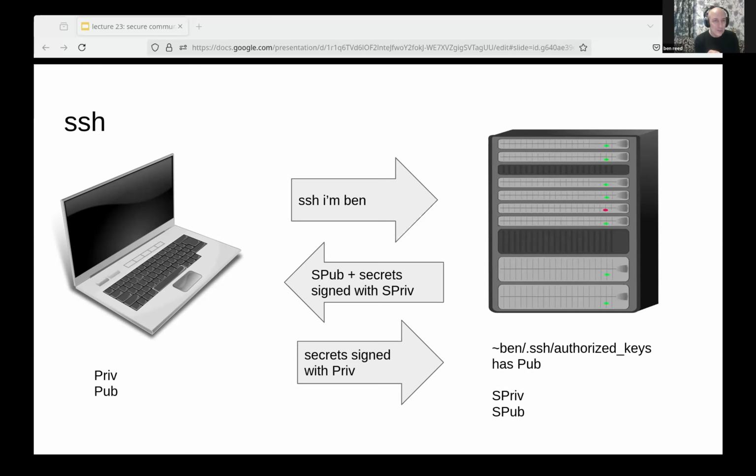So how does SSH do it? Those of you who have used SSH, I'm sure you've done this where you log into a server the first time. How does SSH distribute the public keys? You mean adding public keys or authorized keys file? Yeah. How does it get the authorized keys? No. This is not the authorized keys file. This is the known hosts file. So your SSH client has a file under .ssh called known hosts.